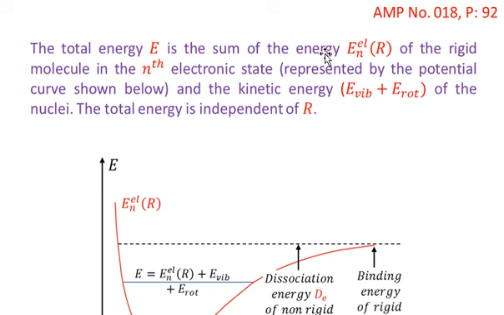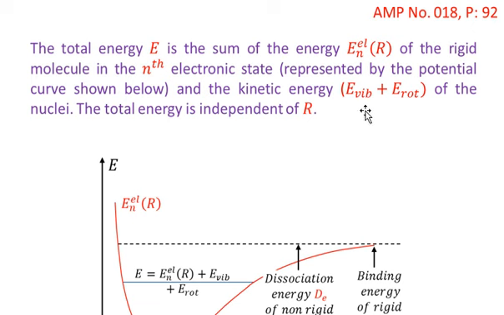The total energy E is the sum of the energy En superscript El as a function of R of the rigid molecule in the nth electronic state, where n stands for the nth electronic state, represented by the potential curve shown below.